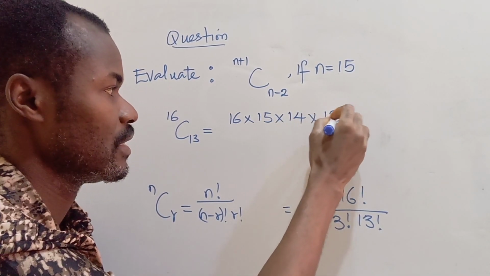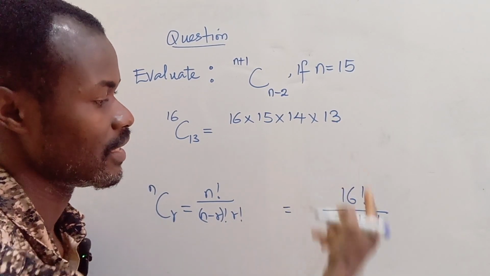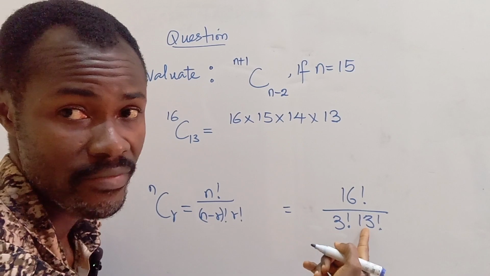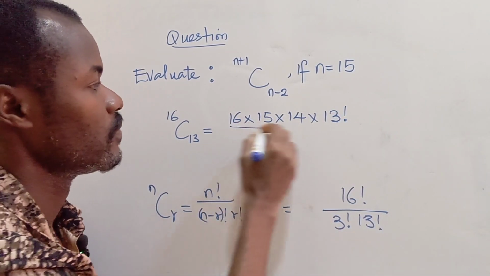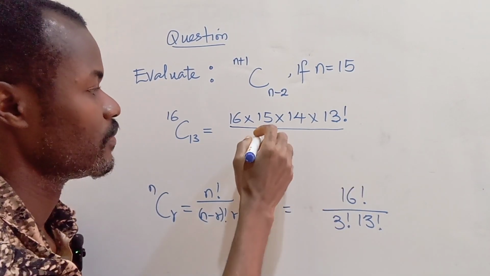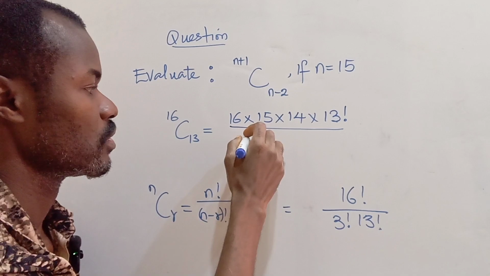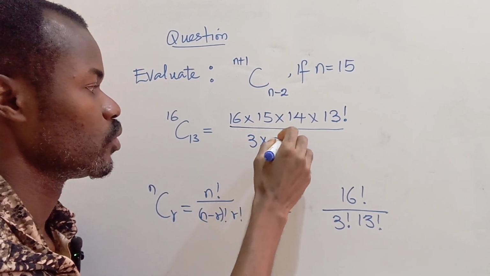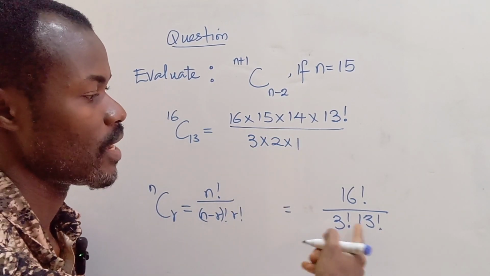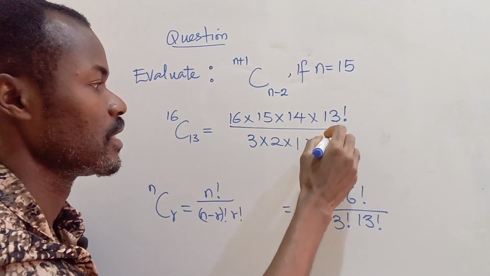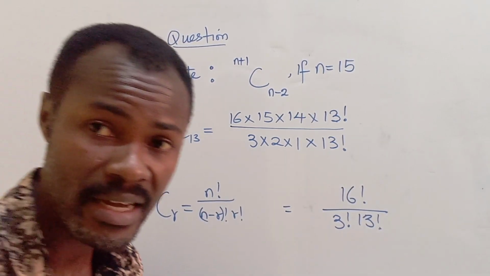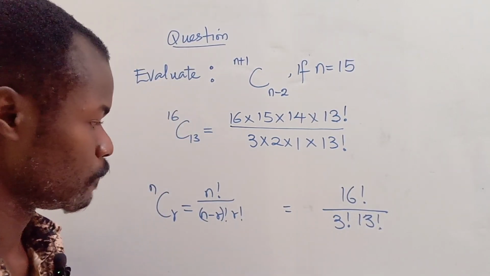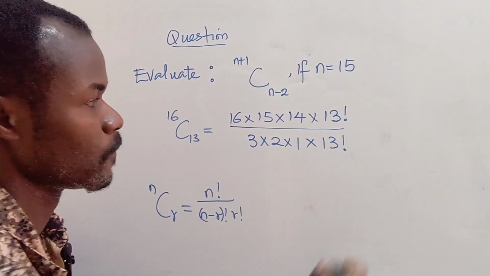I'm going to stop at 13 because I see we have 13 factorial. So I'm going to say 13 factorial, divided by 3 factorial, which means 3 times 2 times 1, times 13 factorial. This makes it easier for us to cancel out what we have.